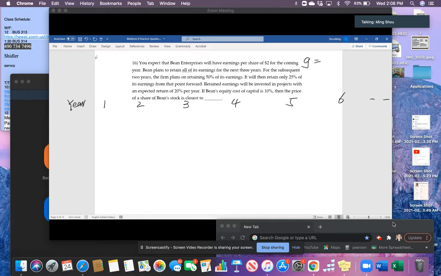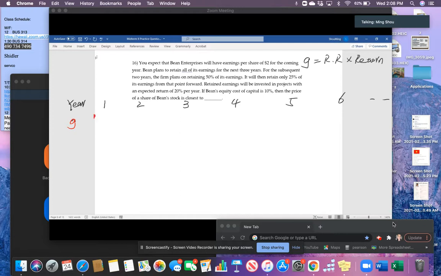It is simply equal to the retention rate multiplied by the return from the new investment. The growth rate in year 1 would simply equal the retention rate in year 1, which is 1, right?